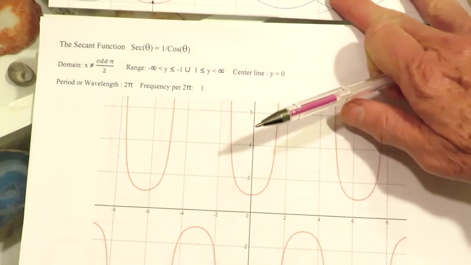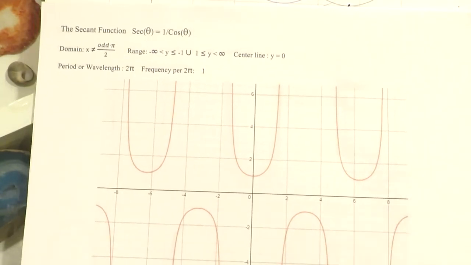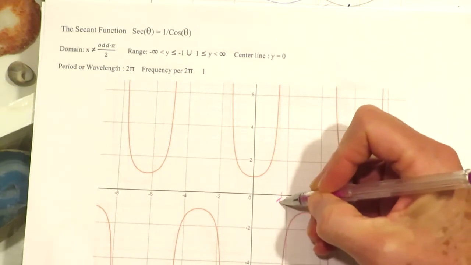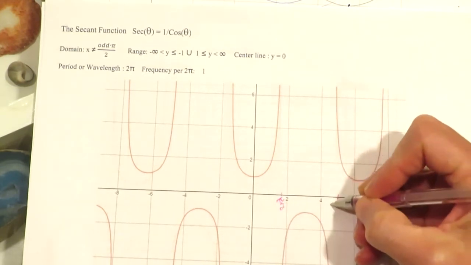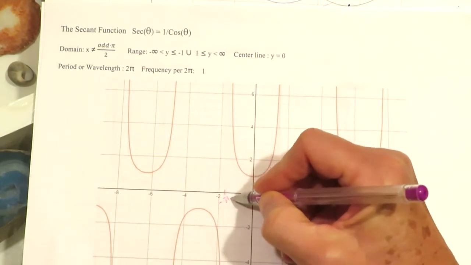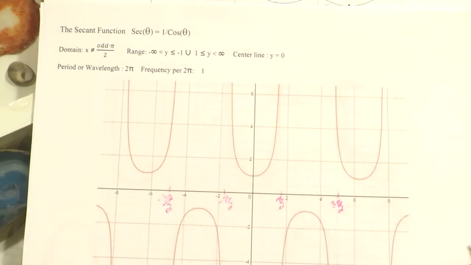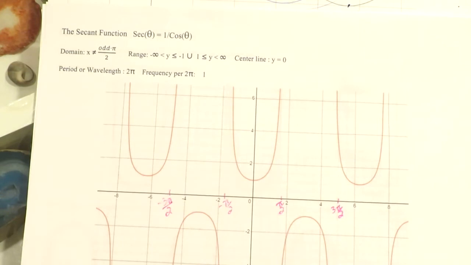Secant is defined to be the reciprocal of cosine. And so once again, where cosine is 0, you're going to have vertical asymptotes. So at pi over 2, at 3 pi over 2, at negative pi over 2, at negative 3 pi over 2, etc. And cosine goes back and forth between negative and positive 1.